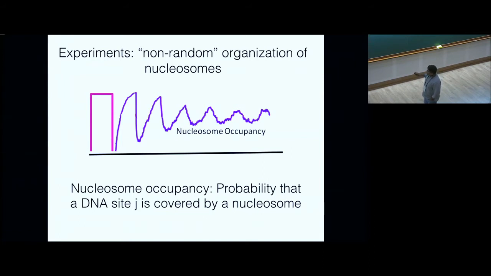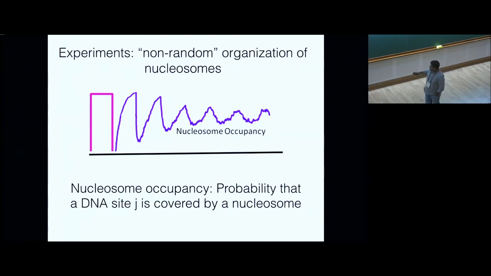What experiments found is something like this. What is plotted here is nucleosome occupancy. What does nucleosome occupancy mean? If you think of this black line as the DNA, nucleosome occupancy is the probability that a DNA site is covered by a nucleosome. Experiments can measure this steady state probability that a particular site on the DNA is covered by a nucleosome.